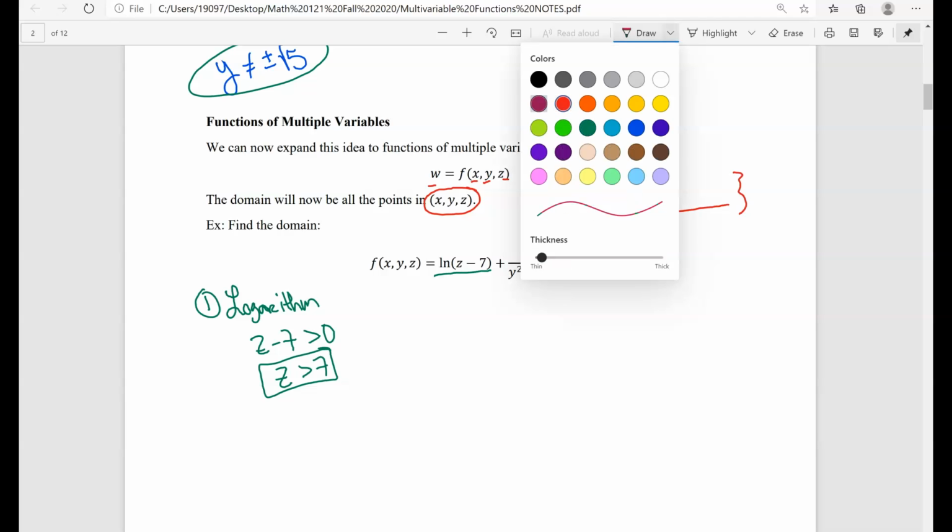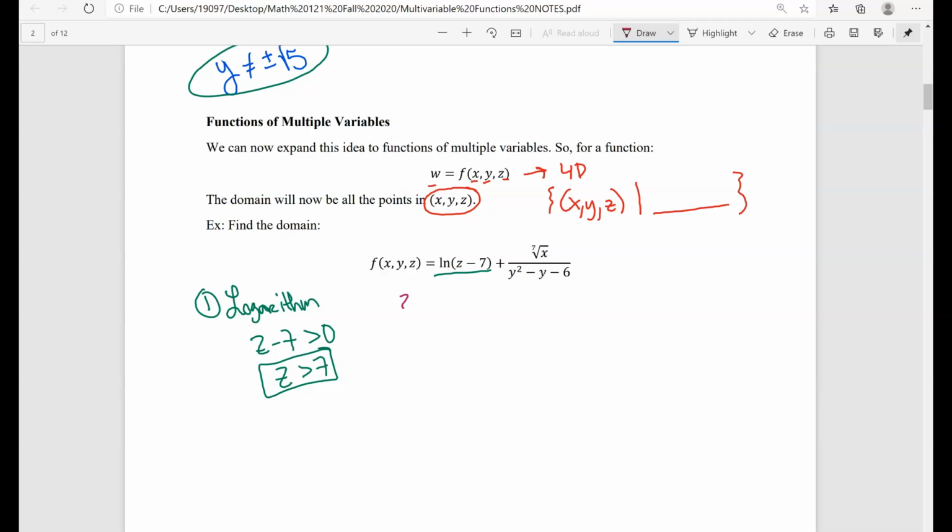All right, and now let's go ahead and deal with the 7th root. So notice that we have a radical, and in this case, this radical is odd, because it's the 7th root. So you can see that x is going to be all real numbers. So for x, we get all real numbers.